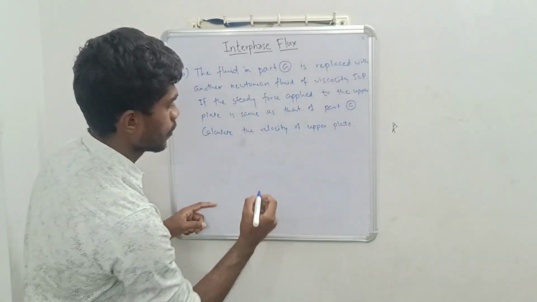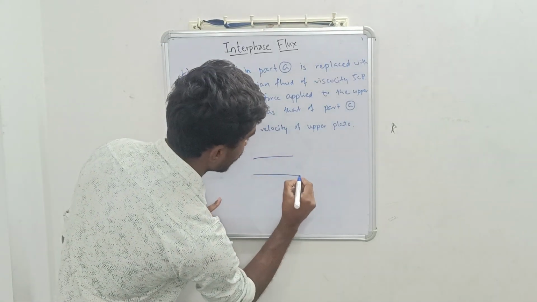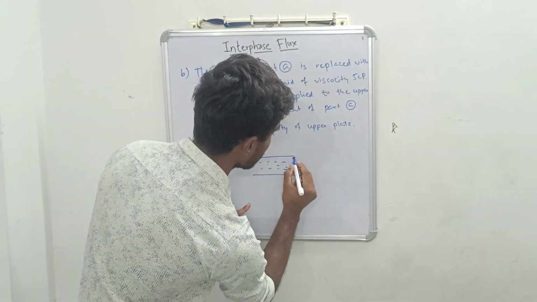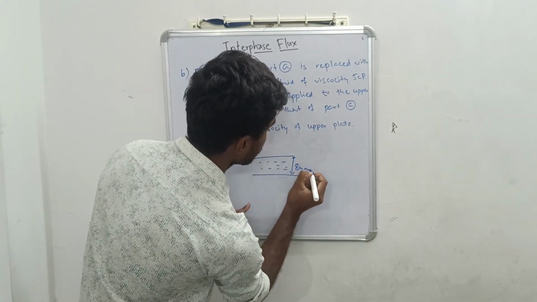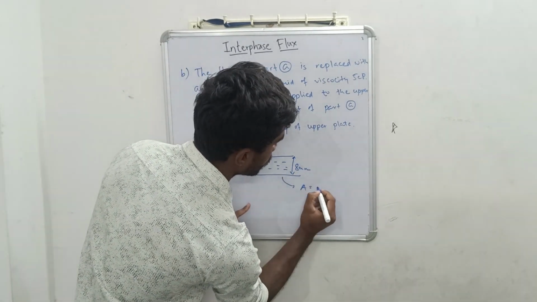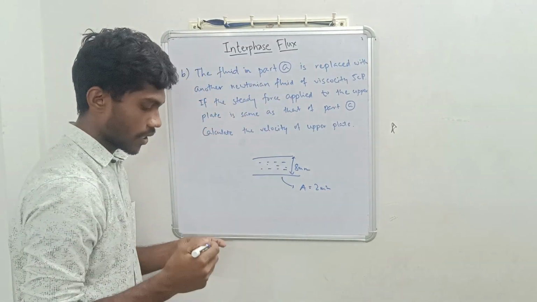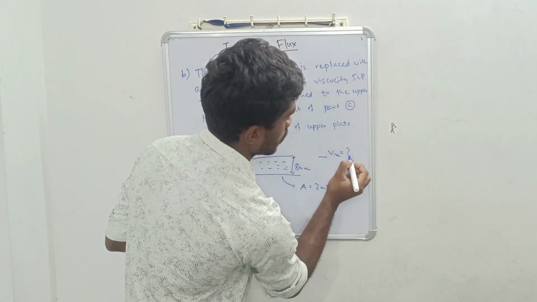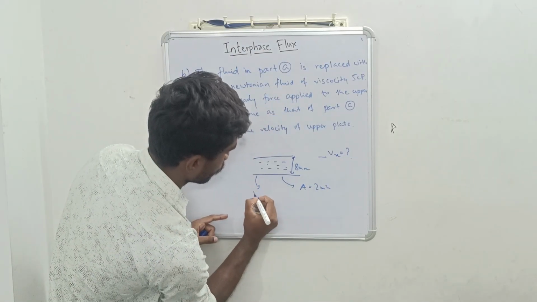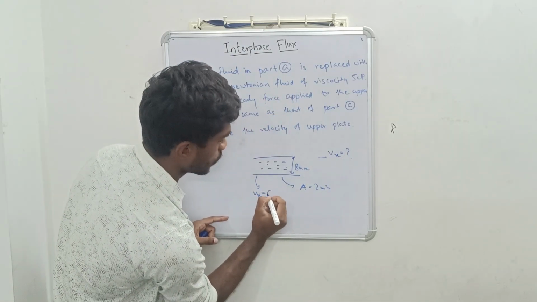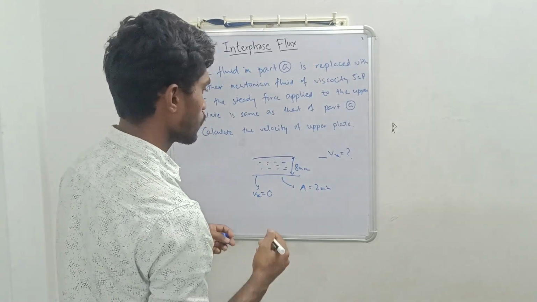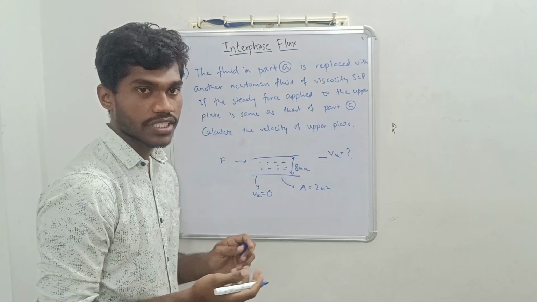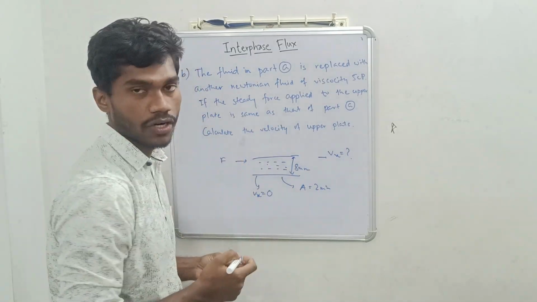As we know, we have two plates and fluid between them. The separation is still 8 mm and the area is 2 meters square. But now we have to calculate Vx, while Vx of the lower plate is 0, meaning it is stationary, and we are given the force, which is from the last part of the question.